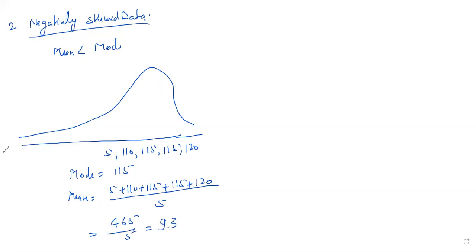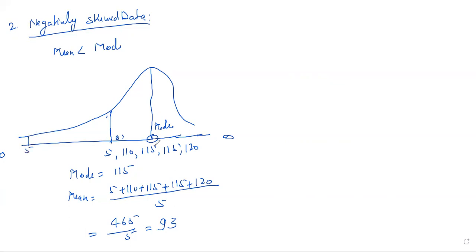So this is the real line. Just suppose 0 is somewhere here and infinity is somewhere here. Okay. So we plot 115 here, and this is the mode. And we plot 93 somewhere here. So this is the mean of this data. And 5 is somewhere here.